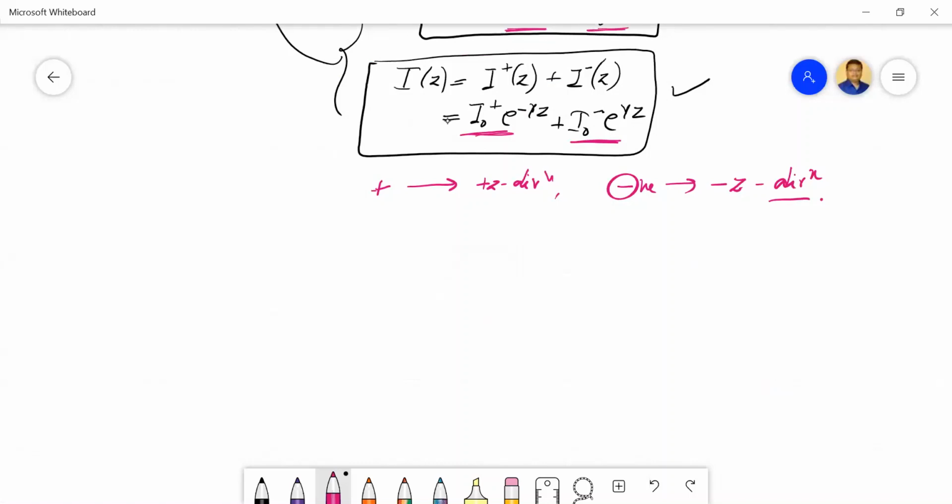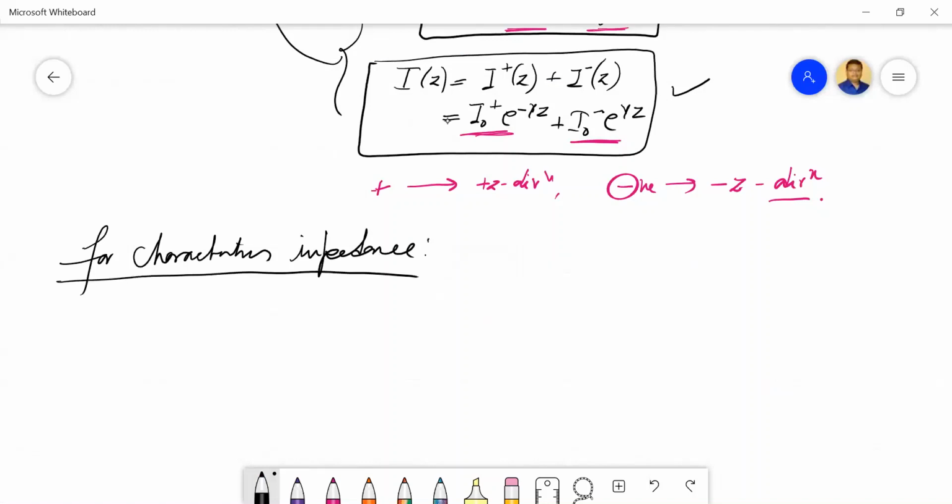Now we can find the characteristic impedance again, which is Z naught. How will you find it? You need to recall these solutions. I can do some of the steps here. dVz over dz is equal to R plus j omega L times Iz.